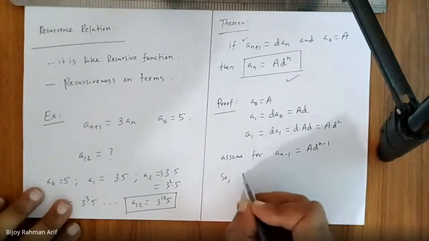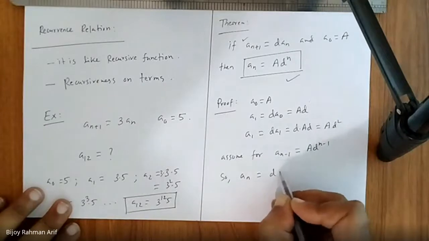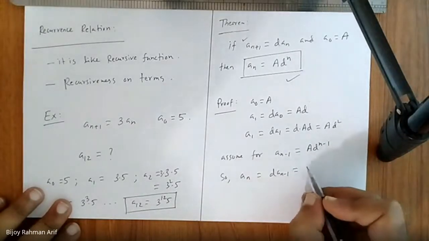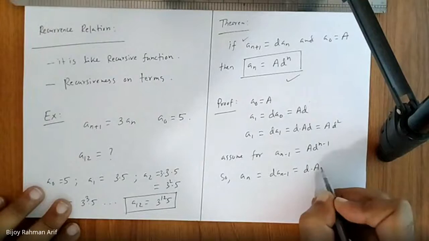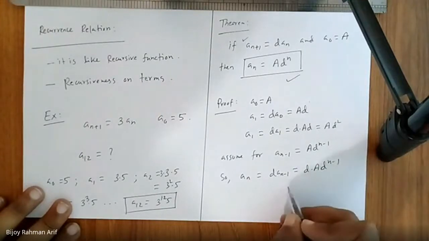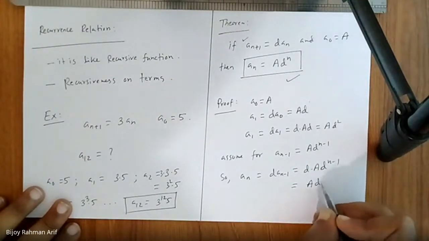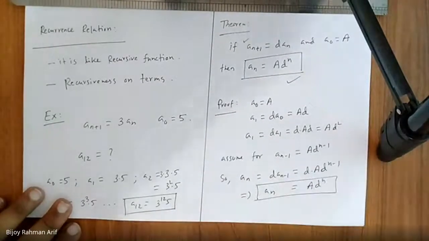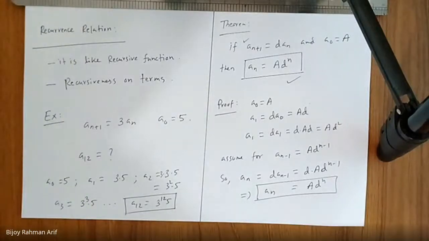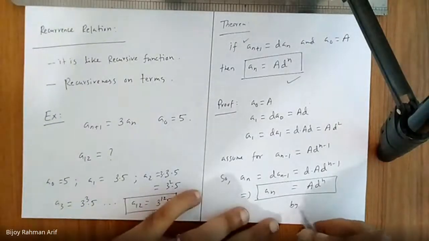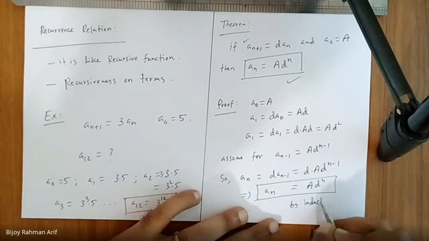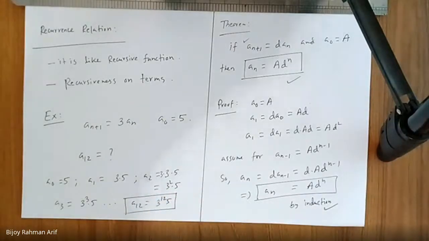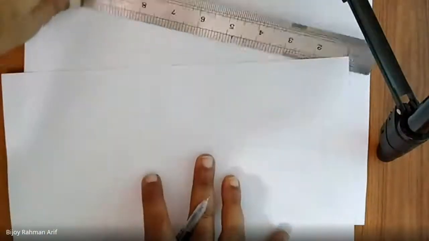So an is nothing but d a(n-1), which is d into a d^(n-1), which is nothing but a d^n. So an = a d^n. Proved. Did you get it? By induction. Alright, guys, proof finished. Let's try to solve it.